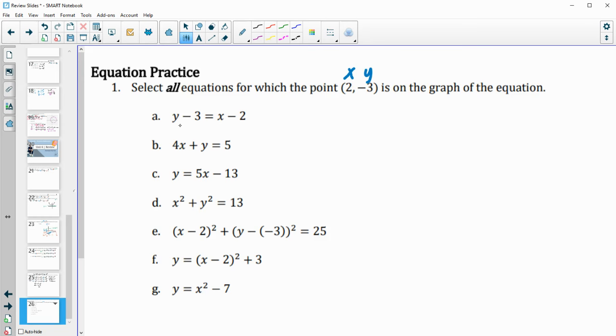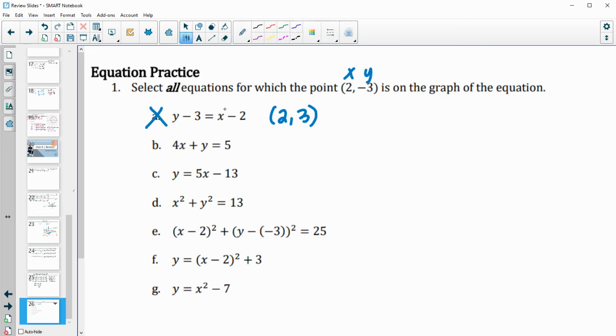You may also notice some, like in part A, that this is in point slope form. So that means that one of the points on this graph is the point 2, because that's what we're subtracting from the x, and then 3. So 2, 3 is on this line. If 2, 3 is on the line, 2, negative 3 cannot be, because then it wouldn't be a line. So you might notice that.